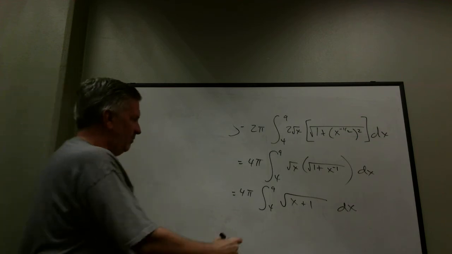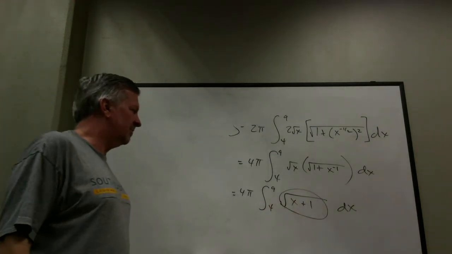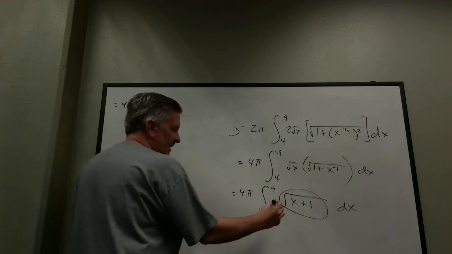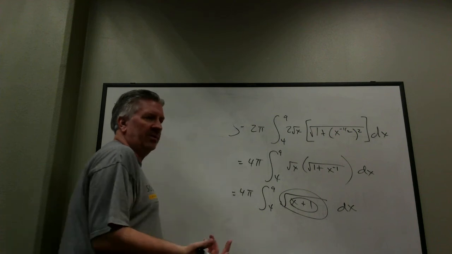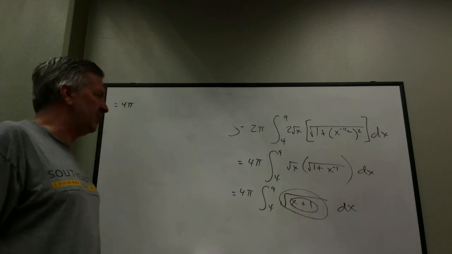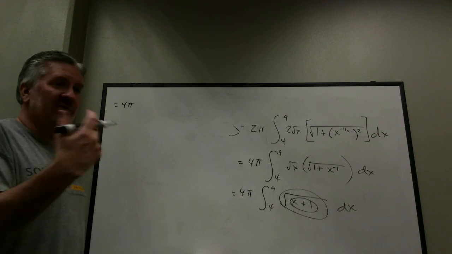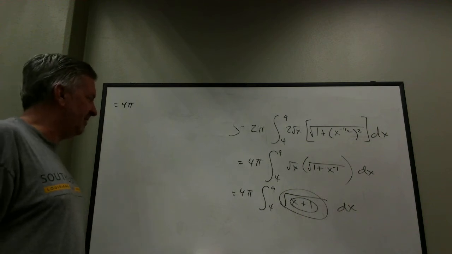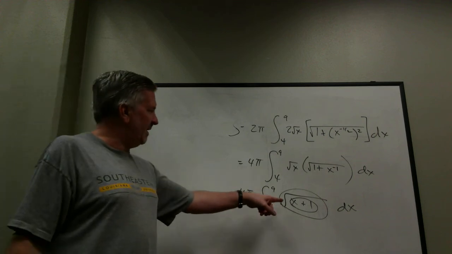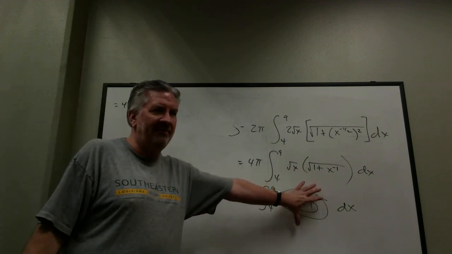Okay. How are we supposed to integrate that? Square root of x plus 1. Well, again, if you let u be x plus 1, you get square root of u, which we know we can integrate, but x plus 1 is a linear substitution. Okay? This is why I taught the linear substitution in the review, because it shows up all the time. So again, think of this as x to the 1 half.